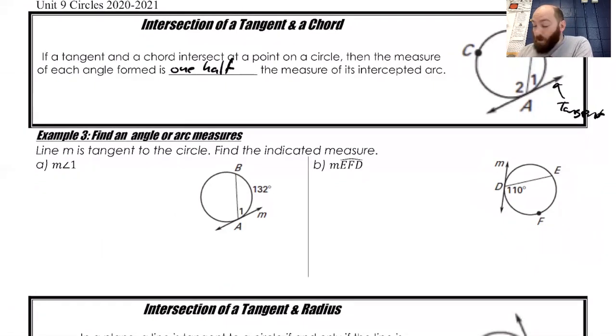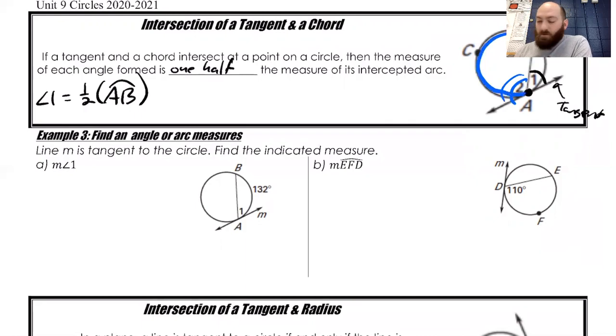It sounds a little bit weird, but again, we look at this angle here, angle 1, we'll call it. Angle 1 is 1/2 the measure of arc AB. Angle 2, if I look at that one, is going to be this one right here. Well, angle 2 is intercepting this arc.